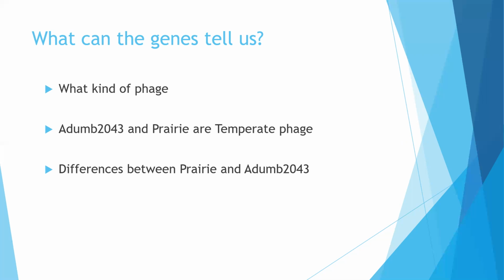So in Prairie, the phage DNA just kind of hangs out there, and it still gets replicated over and over again. When the cell replicates, it just kind of goes undercover. So it's 2 different mechanisms that they go through to survive.